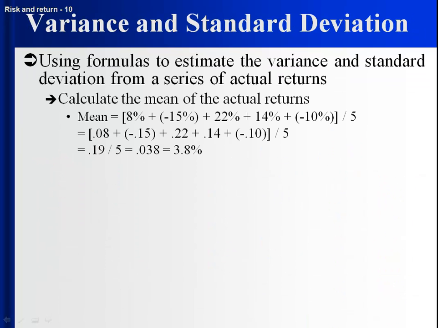If you use the formulas, the mean is just add up all 5 returns and divide by 5. You can do it in decimal format as well, and you get 3.8%.